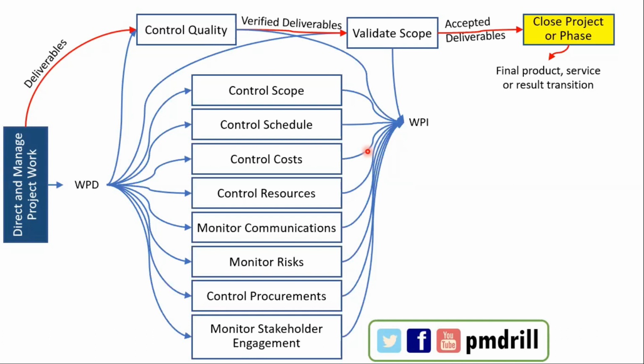Earned value analysis may not be applicable in all the processes, except maybe in schedule or cost or the overall monitoring. But other than that, you can use the other tools and techniques in most of the processes. You will also do something like reserve analysis, right?